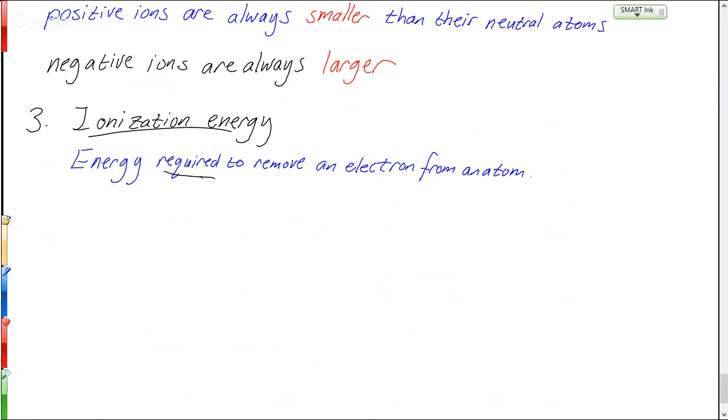So it's endothermic. So if you have a gaseous sodium atom, you add energy and you make sodium plus an electron.